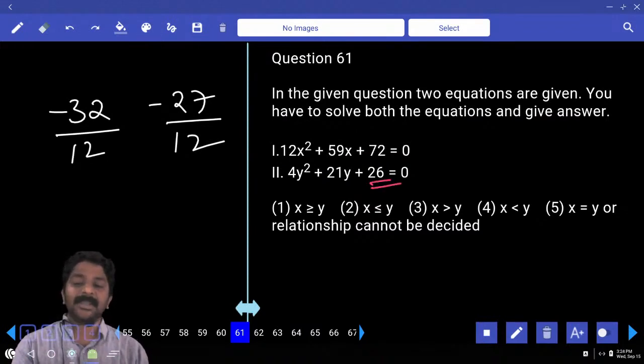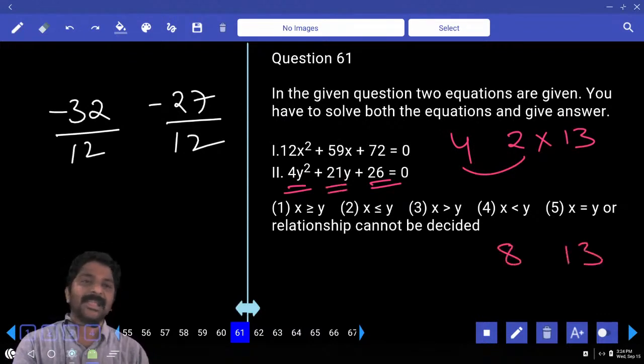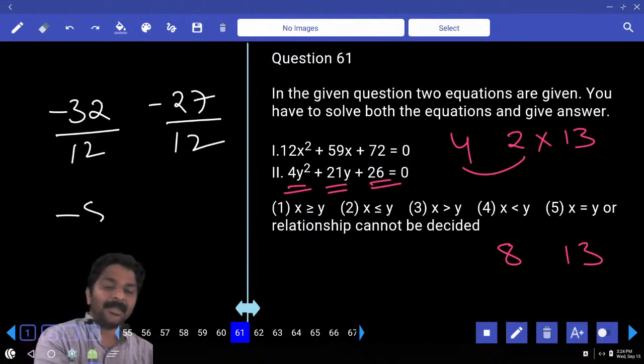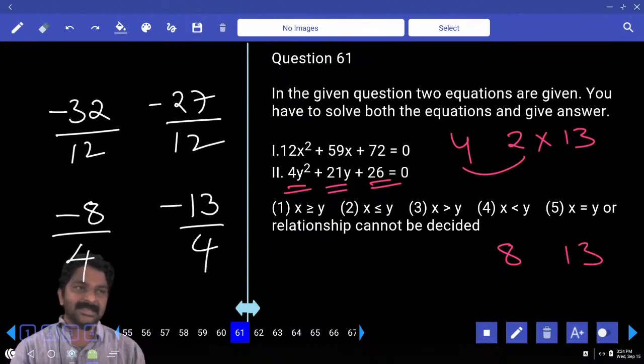So 26 can be written as 2 into 13. And let me take the number 4 as it is. 4 into 2, 8 into 13. Plus, 8 plus 13, 21. Combination set. Factors are minus 8, minus 13, divided by the coefficient of y square, that is equal to 4.